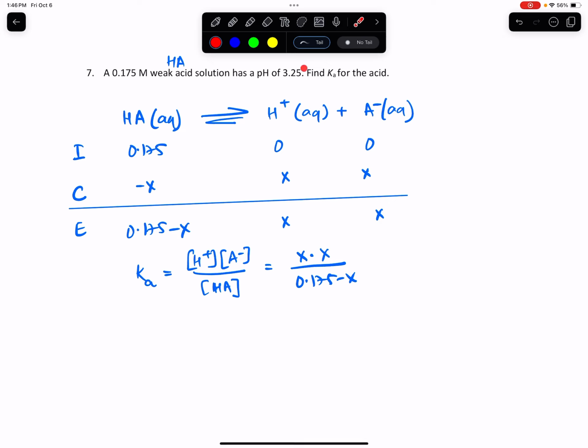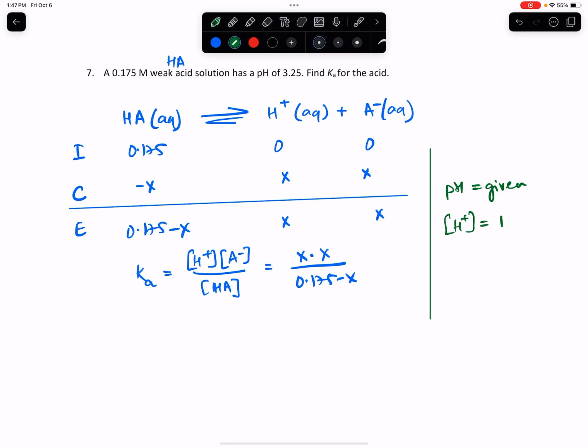So what's given to us is the pH, okay? When pH is given to us, then you can solve for the H plus ion concentration by taking 10 raised to negative pH.